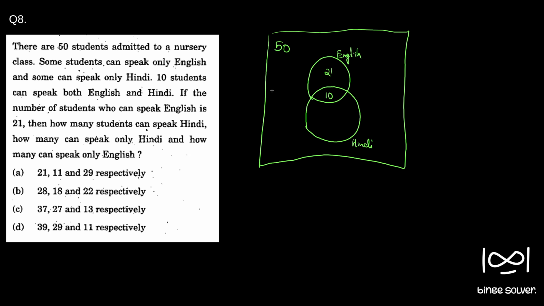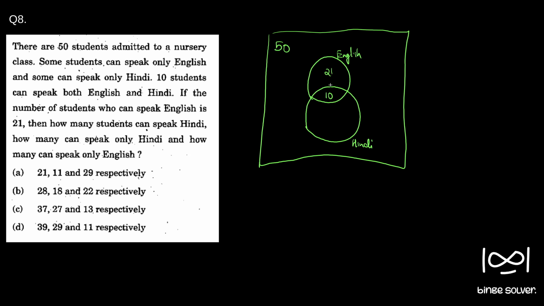So we will assume the entire 50 students come inside this, that is, if you pick a student, they will speak either Hindi or English. There is no student who can't speak any language. So let's assume all the 50 come within these two circles.